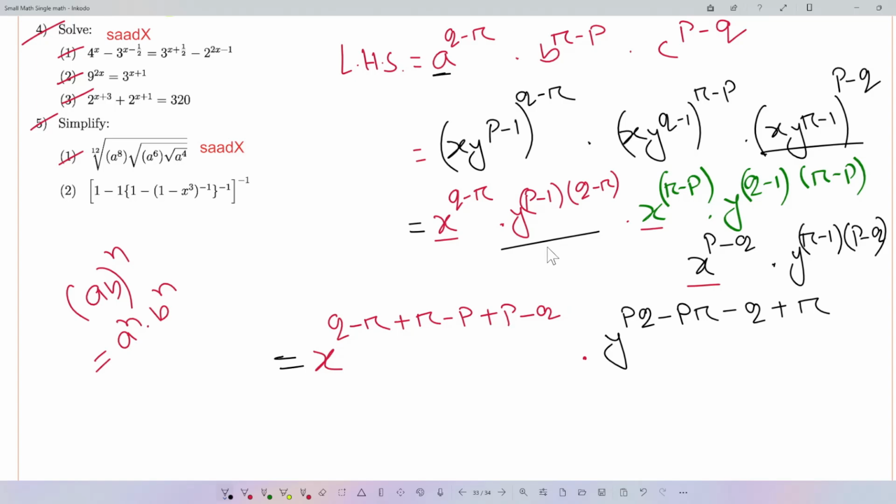So one done, this one done. Now the green color one, here we can write y, similarly we will multiply q r, right? q r then minus p q then minus r, minus and minus it will be plus p.